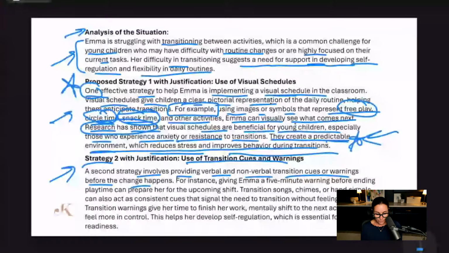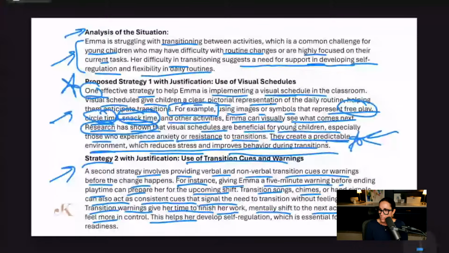Here we go. For instance, giving Emma a 5-minute warning before ending playtime can prepare her for the upcoming shift. Transition songs, I'm getting even more specific. Chimes or hand signals can also act as consistent cues to signal the need. Transition warnings give her time, here comes the rationale, to finish her work, mentally shift to the next activity, and feel more in control.